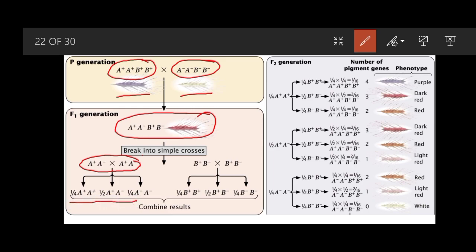And similarly, when the parents for the second locus are crossed, considering this separately, a similar ratio is produced, just like the first locus. A 1 to 1 ratio is produced.